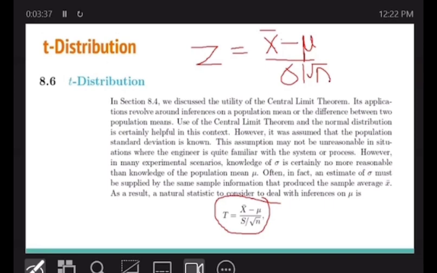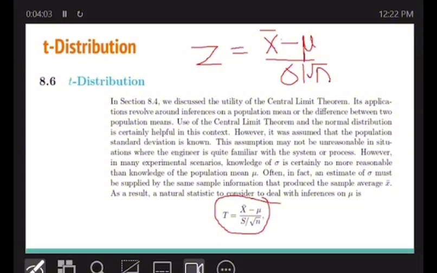According to central limit theorem, the sample size is at least 30 and the population standard deviation sigma is known. In a situation where the sample size is less than 30 and the population standard deviation is not given, then we're going to use this one.